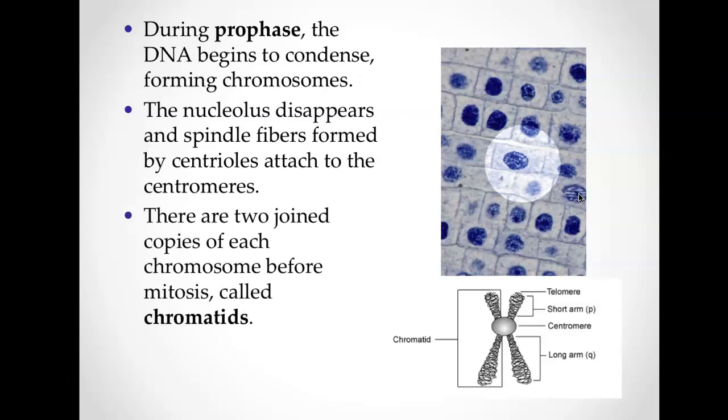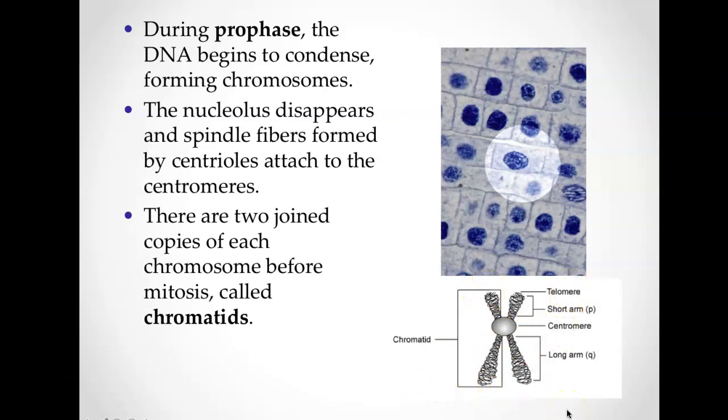Then what you have with your supercondensed chromatin and its copy is the X that we always see when we're talking about chromosomes. This X represents only one of the two chromosomes for a certain type. Chromosome 1 has 2, right?